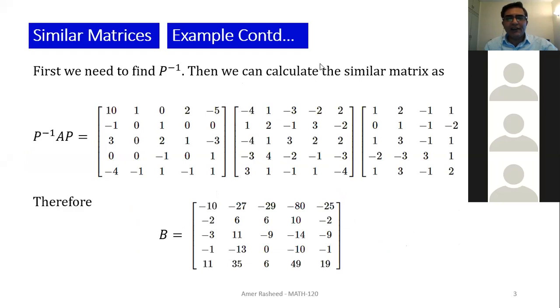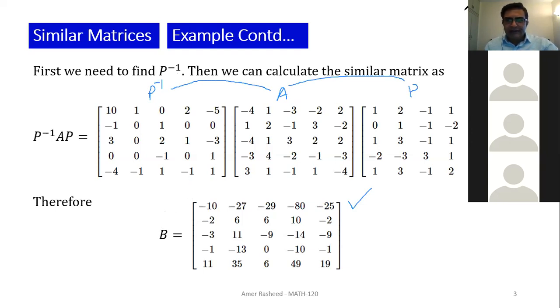We put P inverse here, we put A here, and then P here. Then we multiply these three matrices. Either we multiply the first two and then multiply with P, or first multiply P inverse and A and then multiply with P. We get a single matrix B, which must be similar to A.